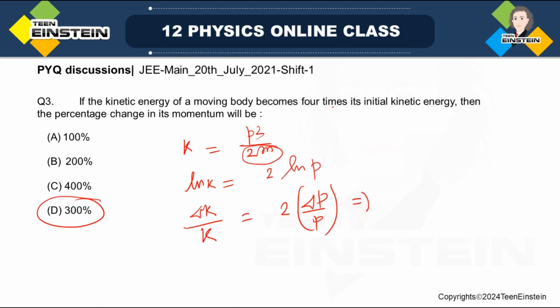The question is saying, if the kinetic energy of a moving body becomes 4 times its initial kinetic energy.